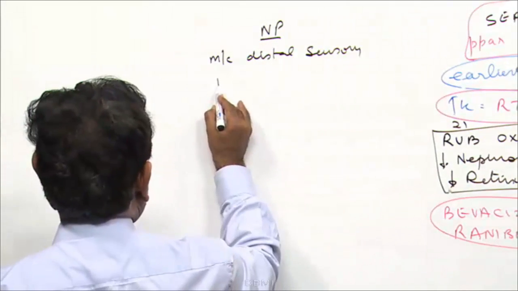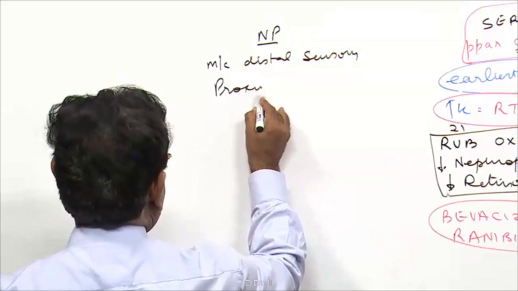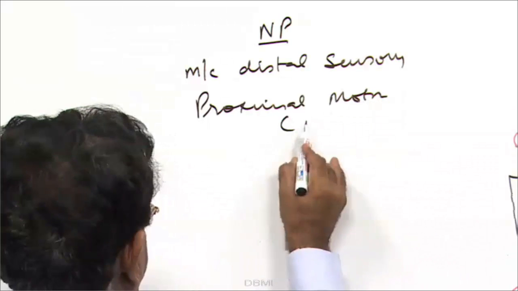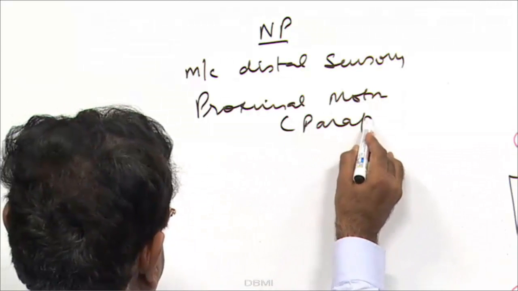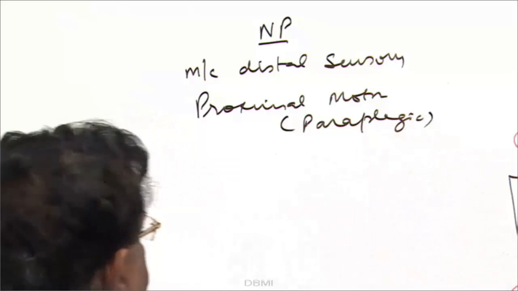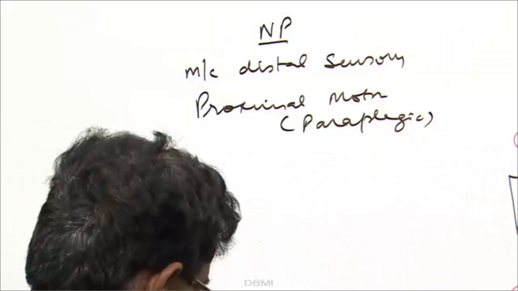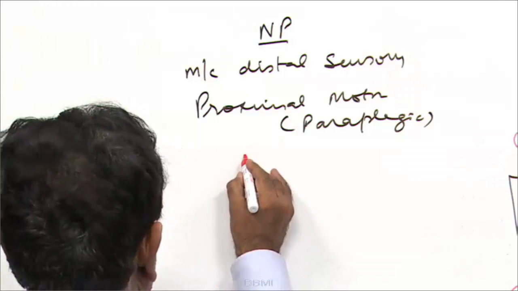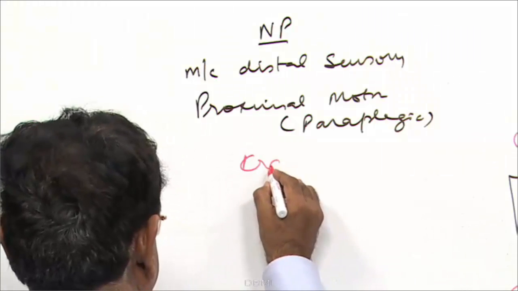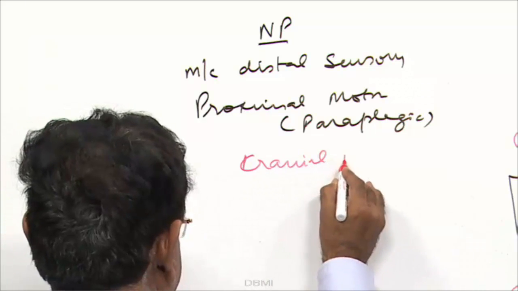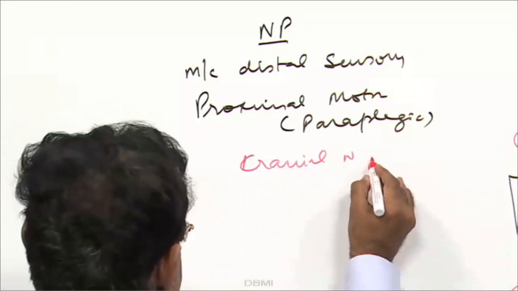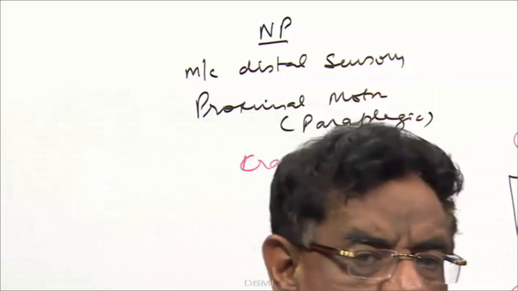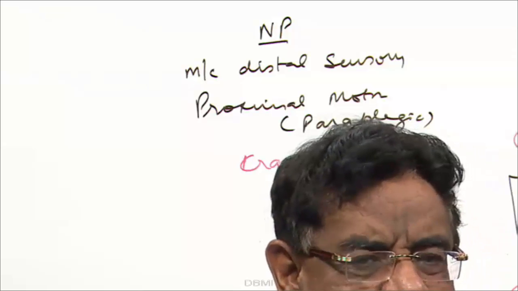Otherwise, it can lead to proximal motor neuropathy, and it can lead to paraplegia. In diabetes, autonomic neuropathy can occur, or cranial nerve involvement. And the most common nerve involved is the third nerve. The third nerve is the most common cranial nerve.